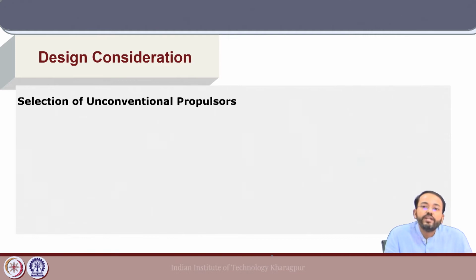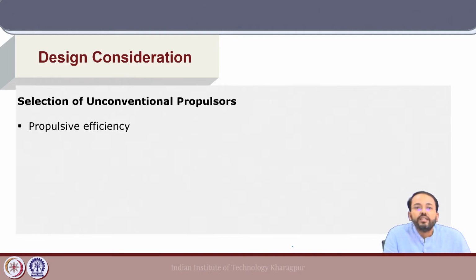Next, we will look into some design considerations which are important in the selection of unconventional propulsors. One of the most important considerations is the propulsive efficiency, because when an unconventional propulsor is selected for a specific vessel type, depending on its operation conditions and performance requirement, the propulsive efficiency is directly linked to the power requirement and the economics of the vessel operation.